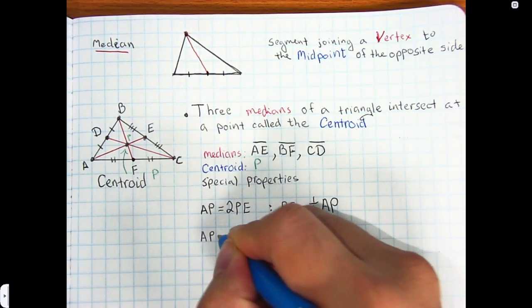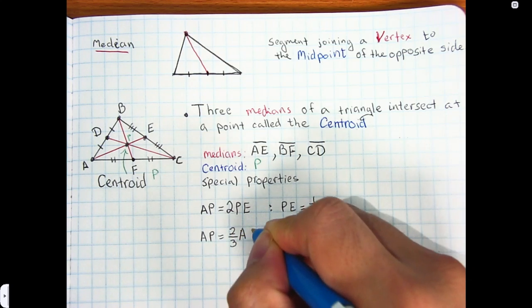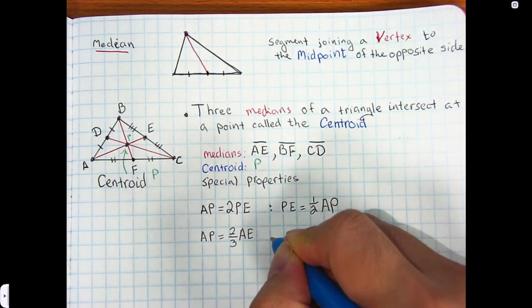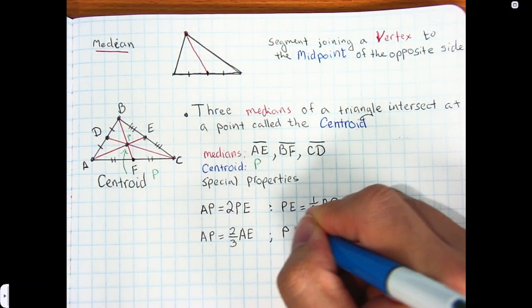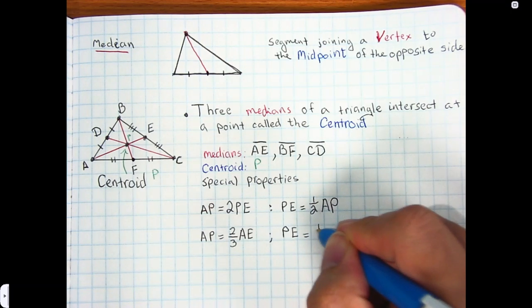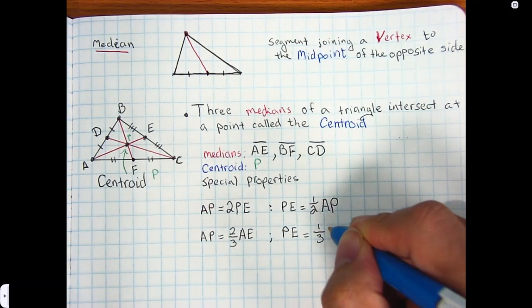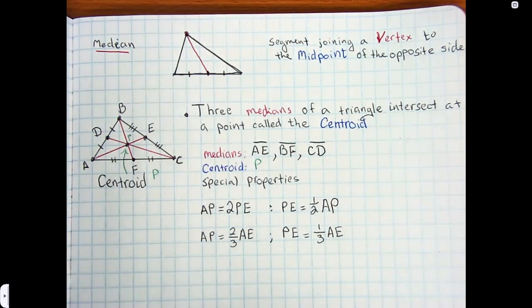AP then is going to be about 2/3 of AE, and PE, the little small segment, is going to be the remaining 1/3 of AE. So this allows us to divide a segment into thirds, and it is important because so far we can only divide a segment into halves.